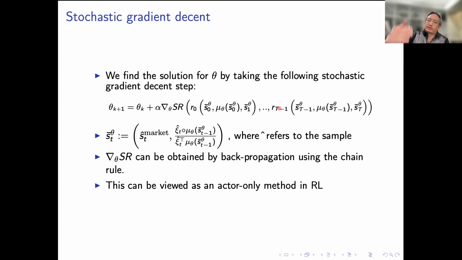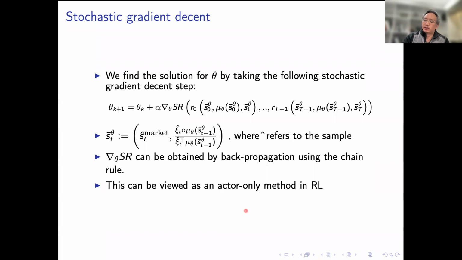Every time we have different trajectory paths, we just update sample by sample. And the gradient of the Sharpe ratio function for every trajectory can be calculated by backpropagation using the chain rule, just like what we usually do for deep learning.